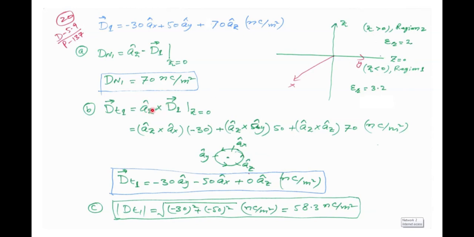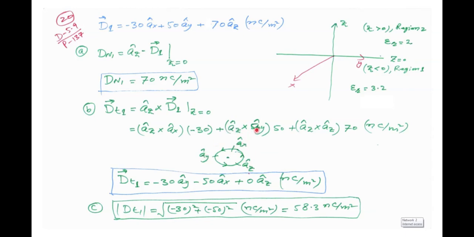So AZ unit vector cross D1 defines the vector tangential component of D1 field. So AZ cross AX equal to AY.